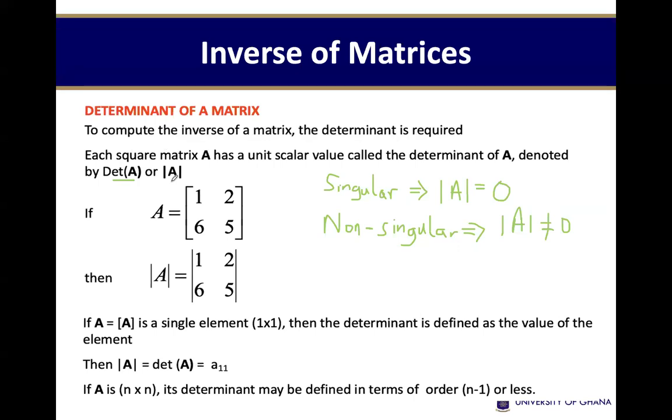Now with this, the application is going to help us. Remember, I mentioned that one of the key applications of matrices is being able to solve a linear system of equations. So if I want to solve, let's say, 20 equations, I can easily convert them all into the form AX = B, right?